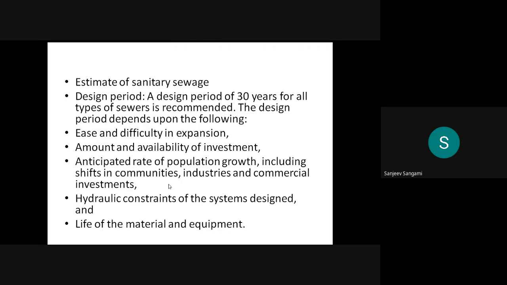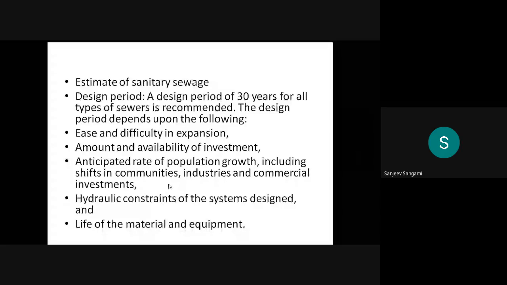If the fund is not available, you can restrict to wherever the necessity is first, then go ahead with the first phase, second phase, and third phase. Divide the work, then execute it, and plan the fund also. Give the first priority, second priority, and third priority.